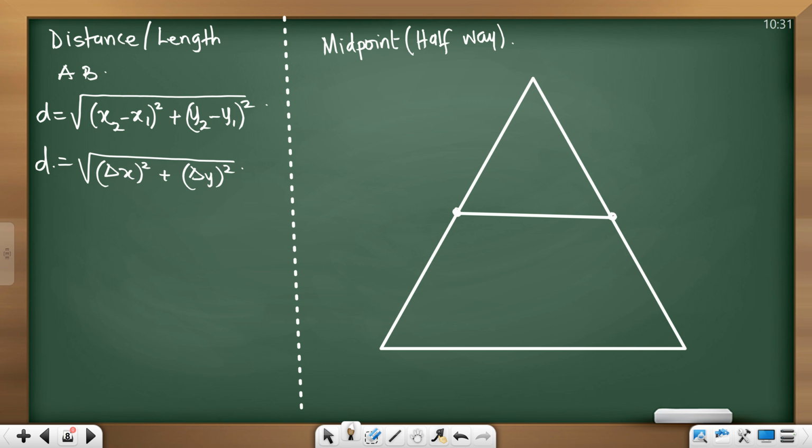I tell you that this is the midpoint. x1, y1, x2, y2, or let's use the letters xA, yA, xB, yB, xC.